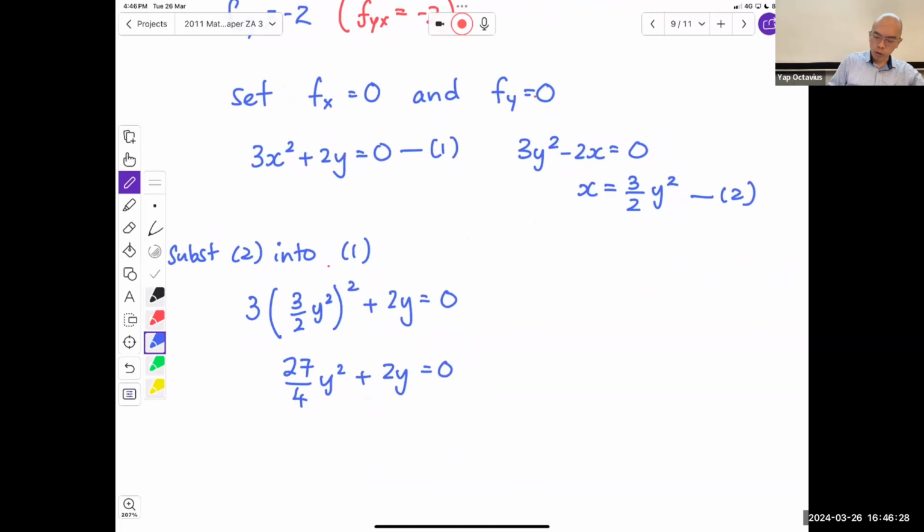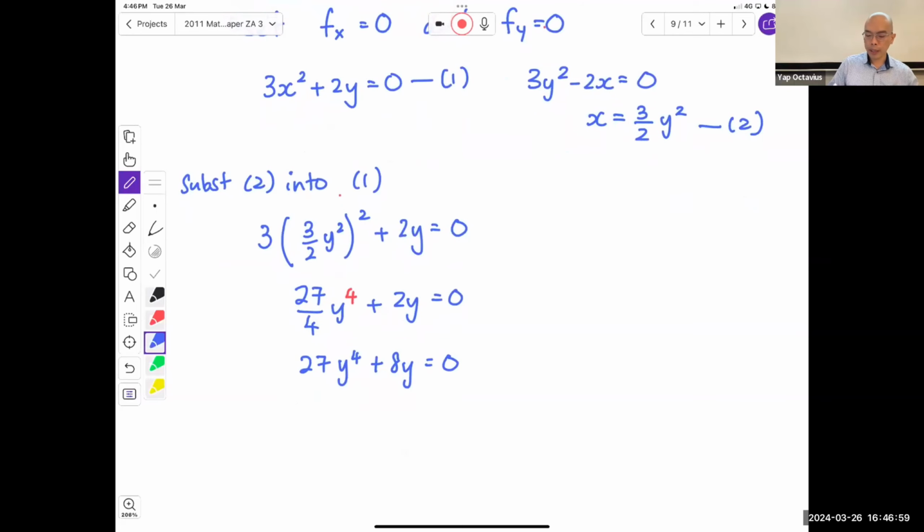Then multiply by 4 throughout, you should get 27. Sorry. Wait. Here is supposed to be power 4, I think. Wait. Power 4. Then you get plus 8y. Okay, so factor out the common factor, which is y. Factor this out, then you get what you need.